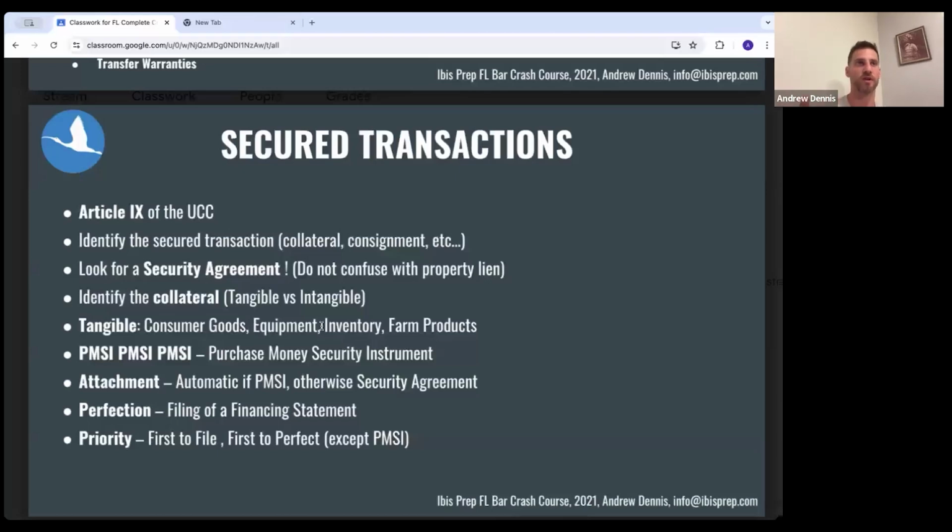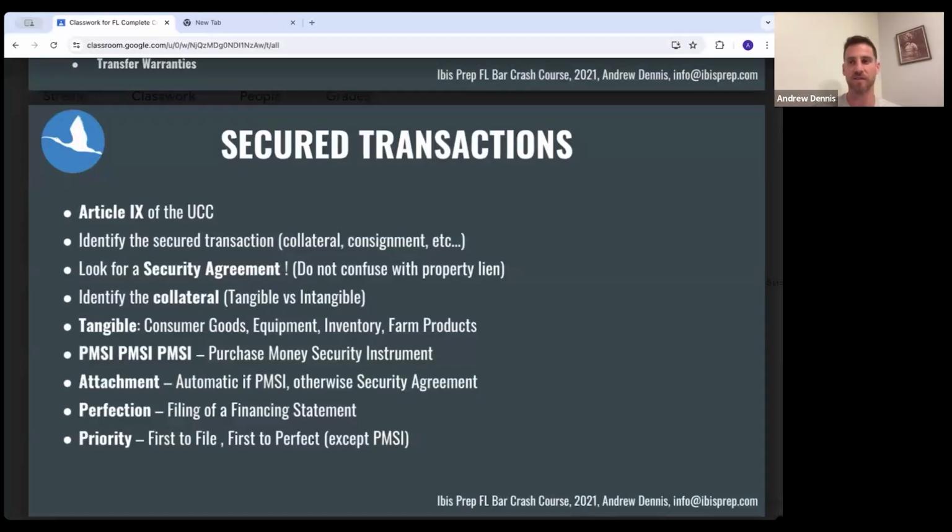So we have the security agreement. What is a security agreement? The security agreement is what gives the lender rights in the collateral. So think of attachment via security agreement. That's like the agreement that identifies the collateral, identifies the lender and the borrower, and states the terms, but it's just between those two parties. It doesn't need to be filed with the state or anything.